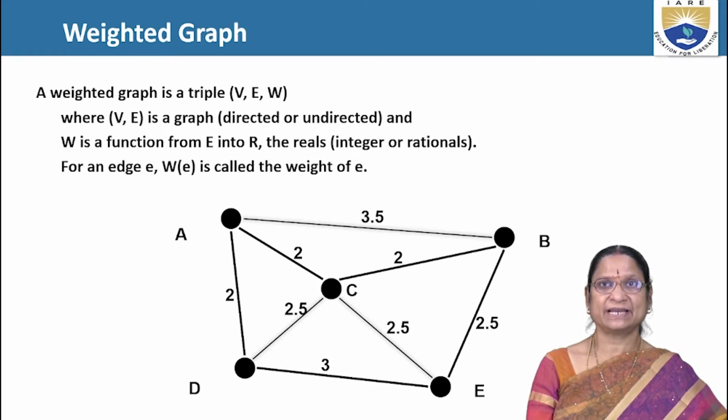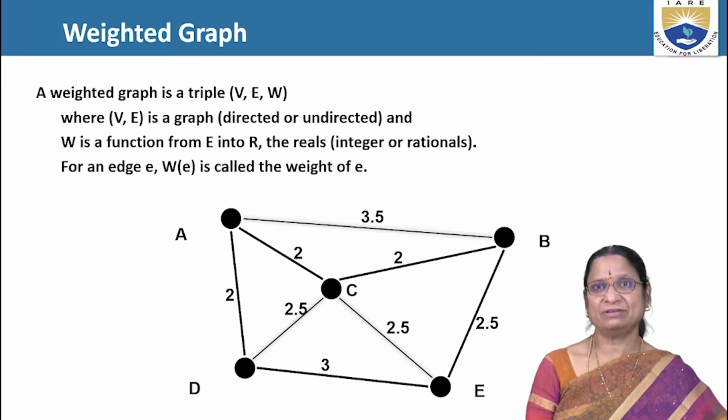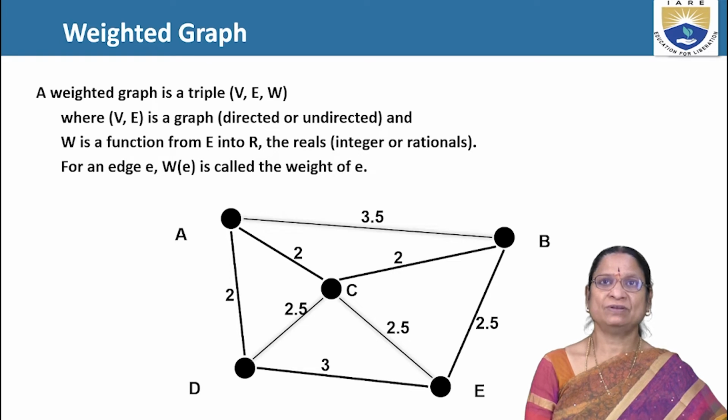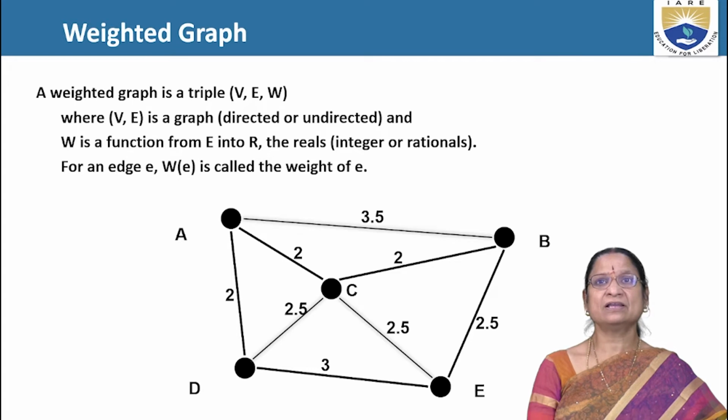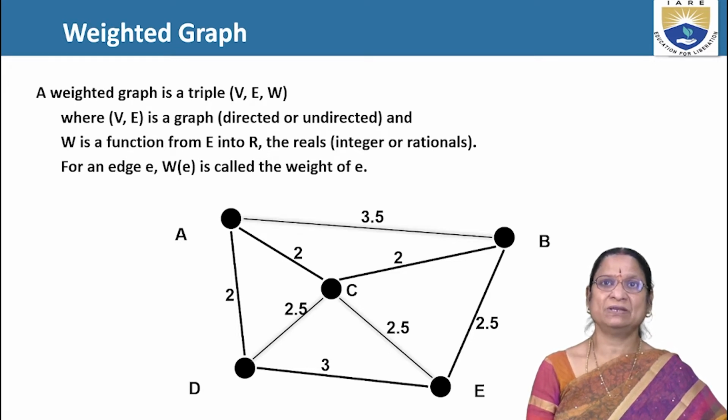So what is a weighted graph? A weighted graph means each edge has some weight or value, then we call the respective graph a weighted graph. A weighted graph is represented as a tuple, instead of a pair, with three arguments V, E, W. V is the set of vertices, E is the set of edges, and W is the set of weights.